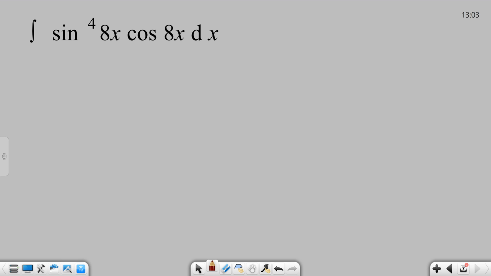X to the negative, x to the... Tell me that we're going dx. And then we would do 1 over x to the 5, right? Du equals dx. And then I feel like it needs to be 8x because it's cosine 8x.